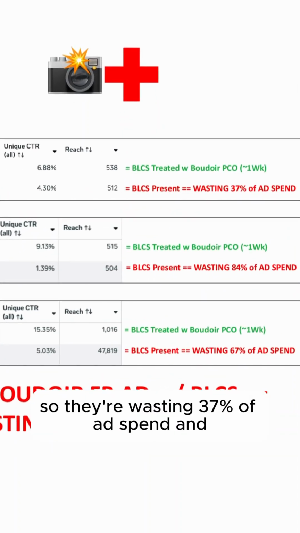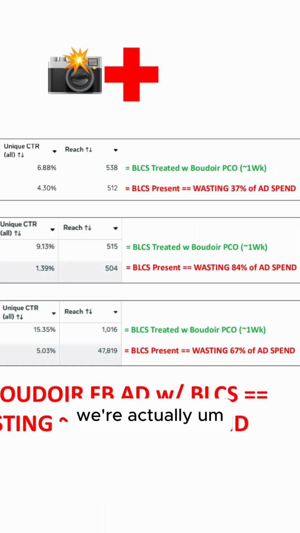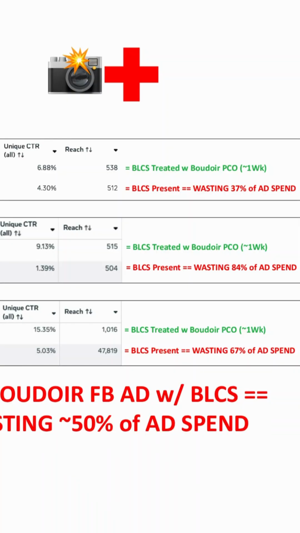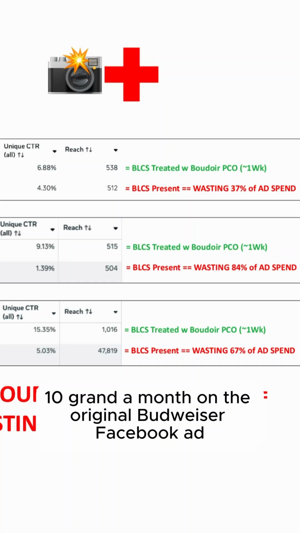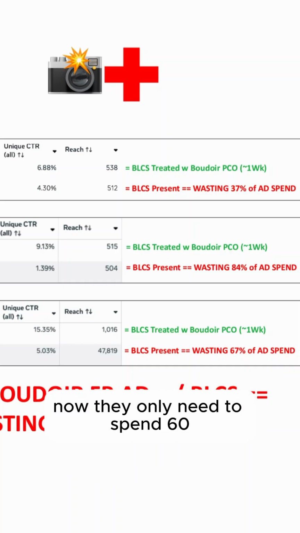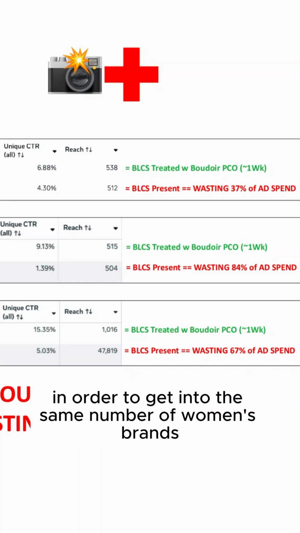If they're wasting 37% of ad spend, and they're spending 10 grand a month on the original Boudoir Facebook ad, now they only need to spend 6.3 grand a month on the Boudoir Pico treated ad in order to get into the same number of women's brains.